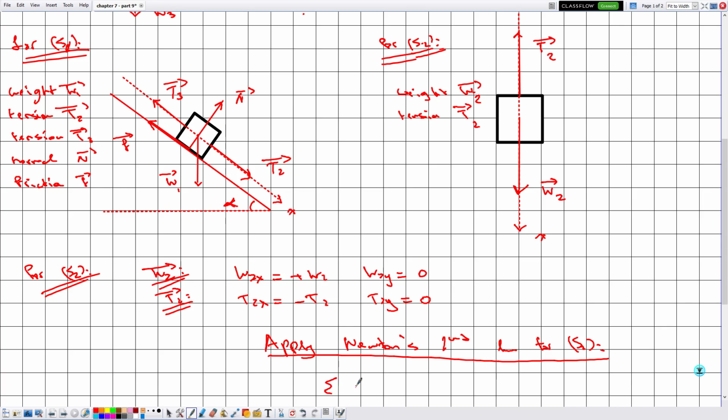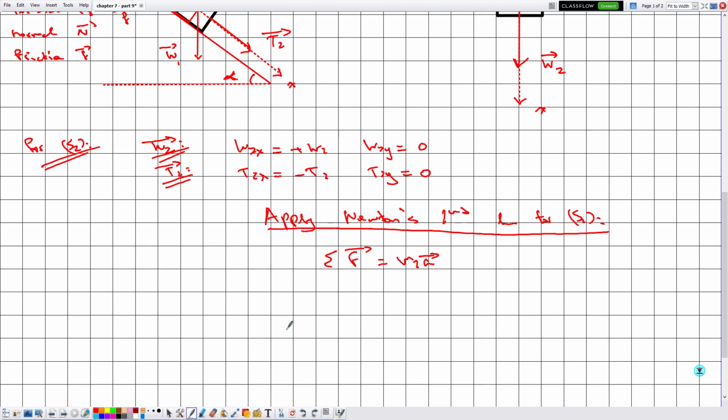The sum of forces is equal to M2A, which is W2 plus T2 is equal to M2A. We cannot apply the condition of equilibrium because this is the case of dynamics.